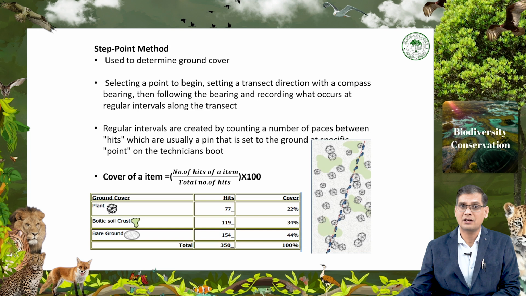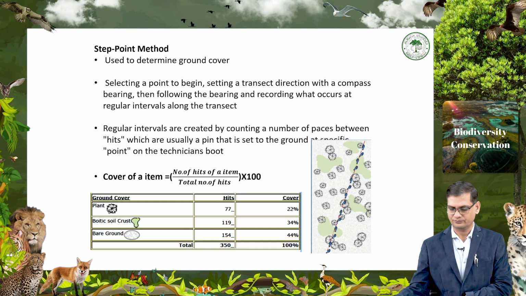Regular intervals are created by counting a number of paces between hits, which are usually a pin that is set to the ground at a specific point on the surveyor's boot. Cover can be calculated by using the following formula. Cover of an item is number of hits of an item divided by total number of hits multiplied by 100.